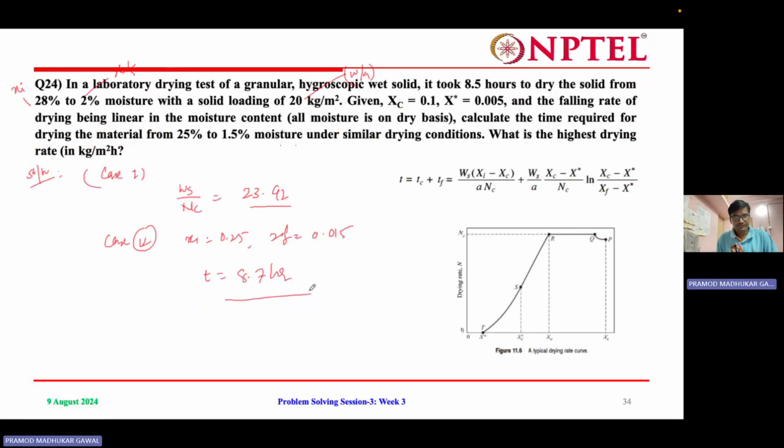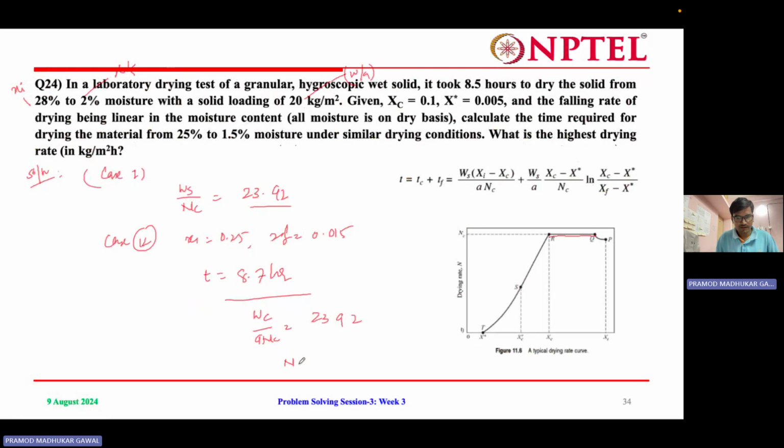So in this question I asked what is the highest drying rate. The highest drying rate occurs in the constant rate period. So Ws by Nc is equal to 23.92.